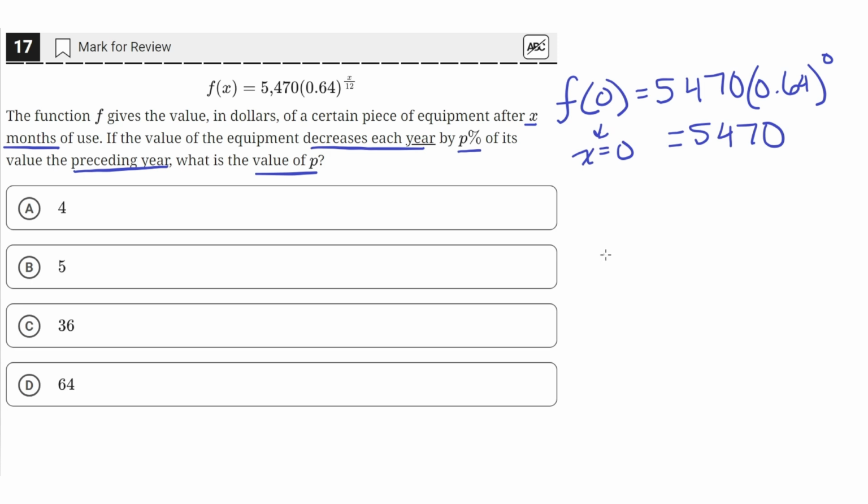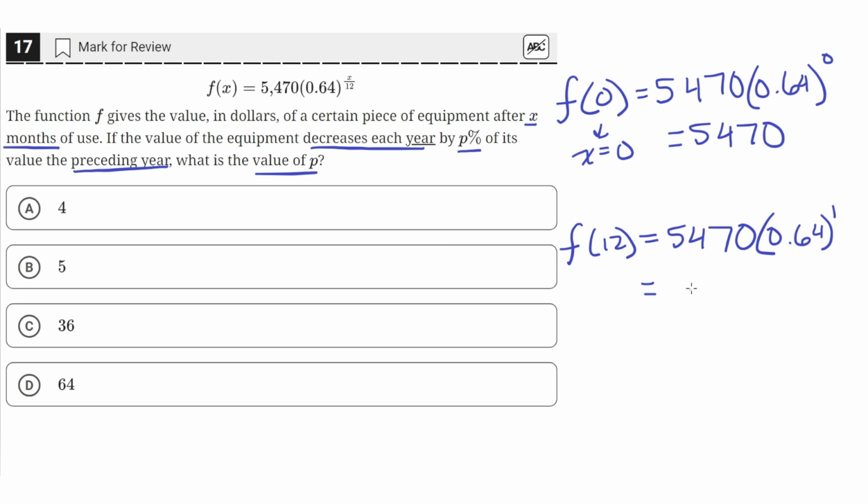Okay, now let's do the next year. So f of 12. Since x is in months, after 12 months, that'll count as finding the value after 1 year. So we'll have 5,470 times 0.64 raised to the first power, because 12 divided by 12 is just 1.